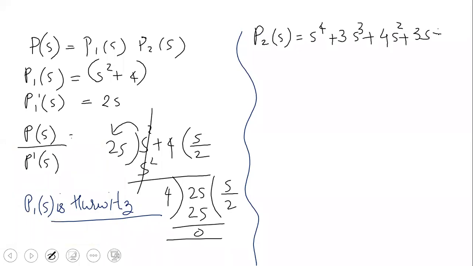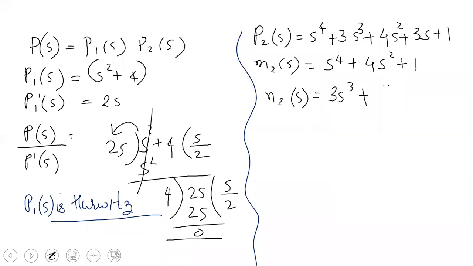I will separate it into even and odd parts. The even part is S raised to 4 plus 4S square plus 1, and my odd part is 3S cube plus 3S.